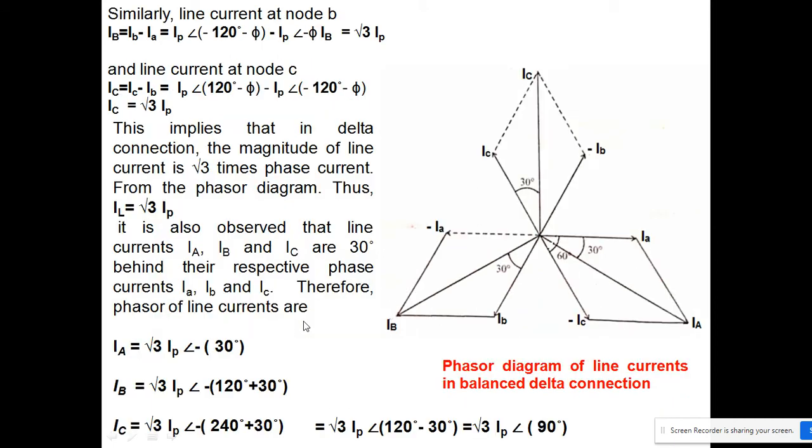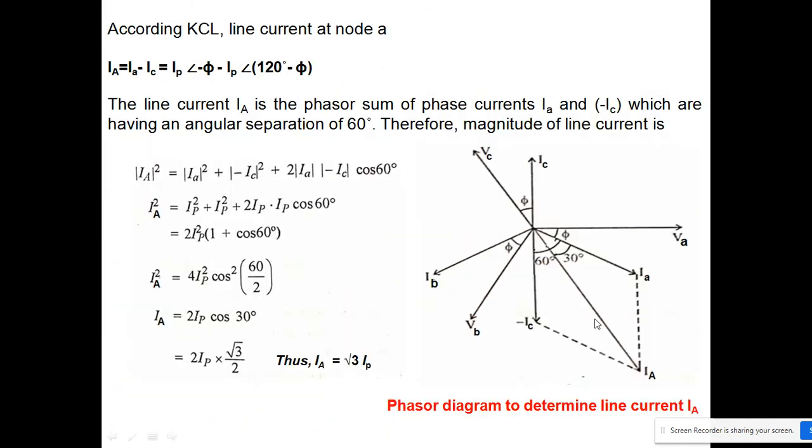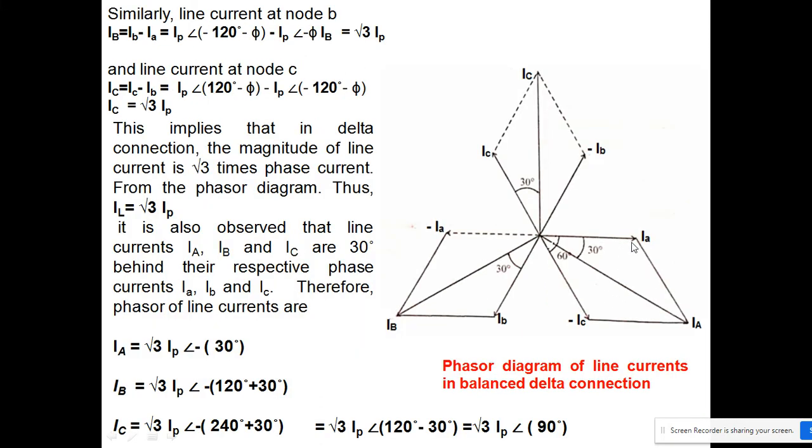So that I am representing here, because in this diagram I am taking my reference voltage, but in the next slide diagram I am taking the reference of current IA. So this IA, then minus IA, then my IB, and then my IC are the references, and in this case minus IC is represented here.